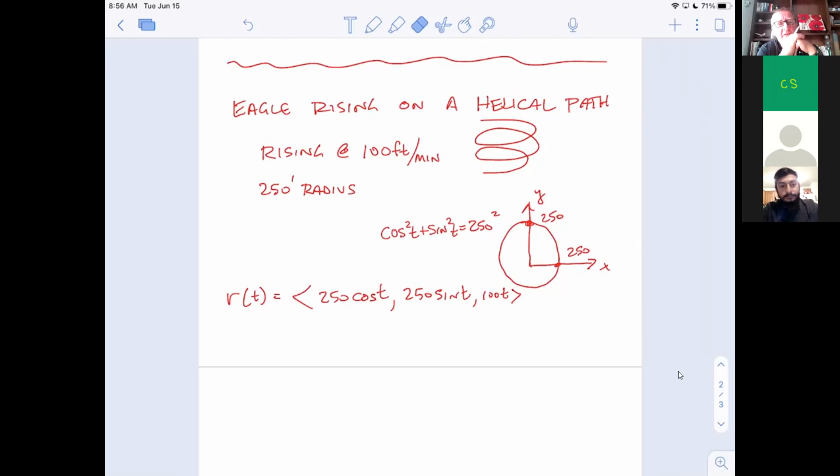But again, I just want to ask you another playful, kind of an interesting question about this, which is this. You don't need to know this. This isn't like a test question, and it's not on your homework. This is just an interesting question. But what would the angle, this is a little bit from yesterday, what would the angle it took off at be?